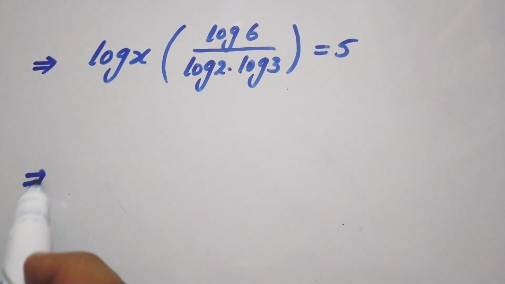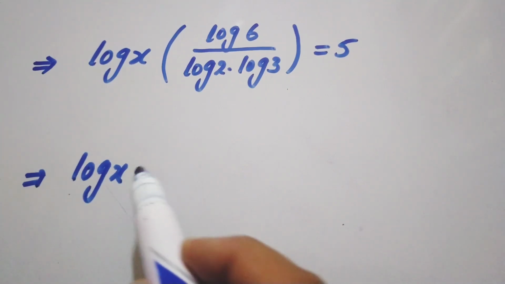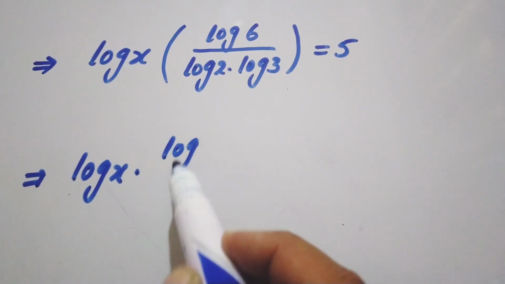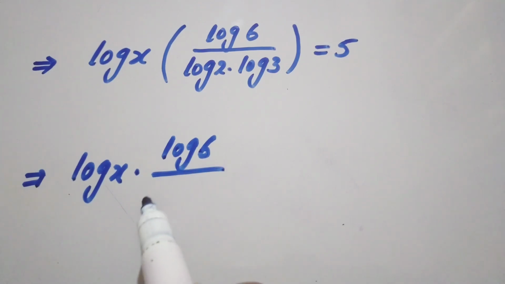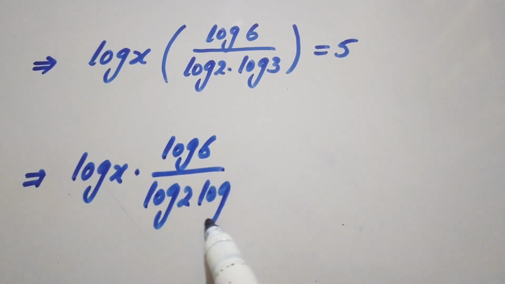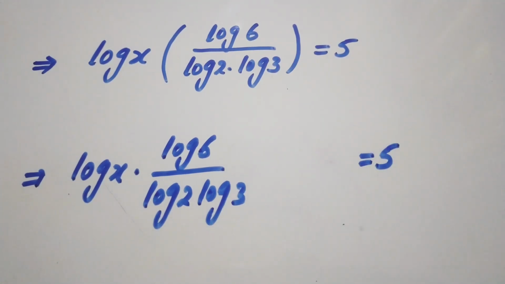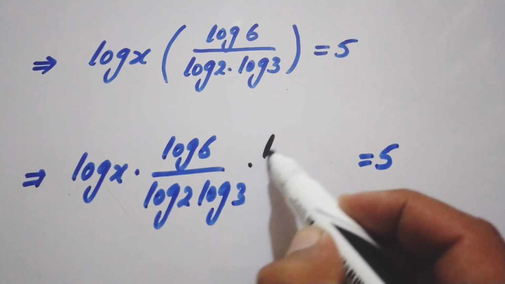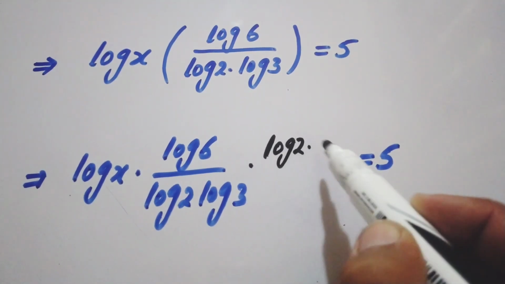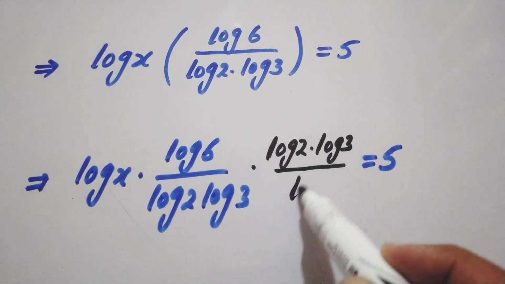Now log of x into log of 6 divided by log of 2 into log of 3 is equal to 5. Now multiplying both sides by log 2 log 3 divided by log 6.